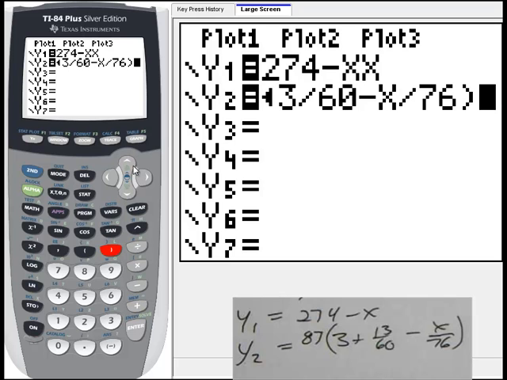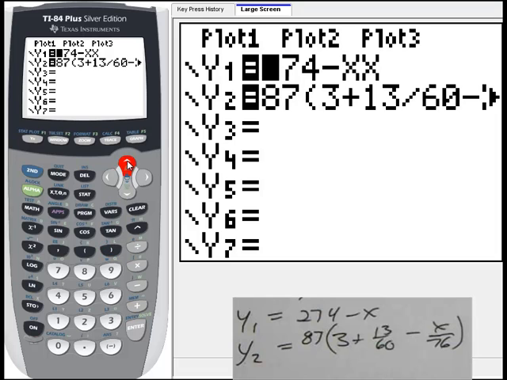Oh, I'm looking back at the y1 there. There is an x times x there. It's just one x. Let's delete that. Okay, that looks alright.